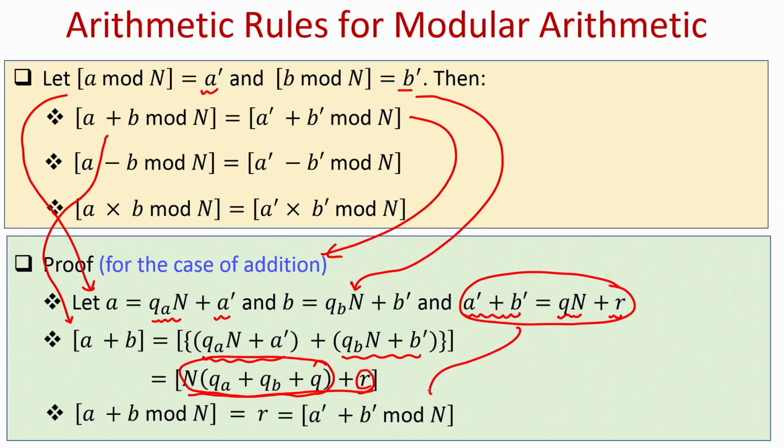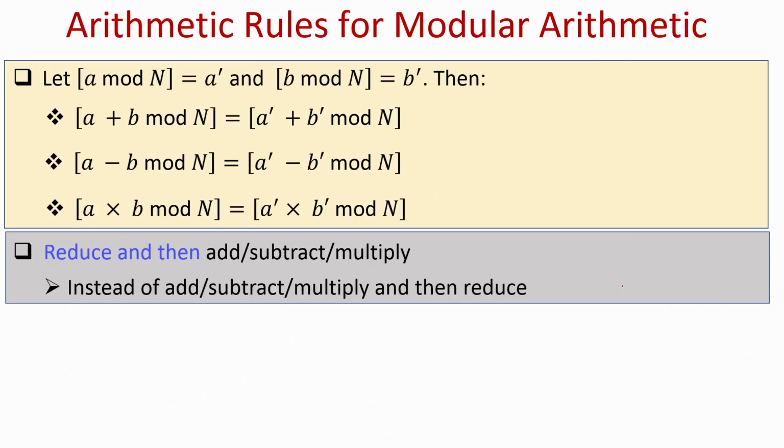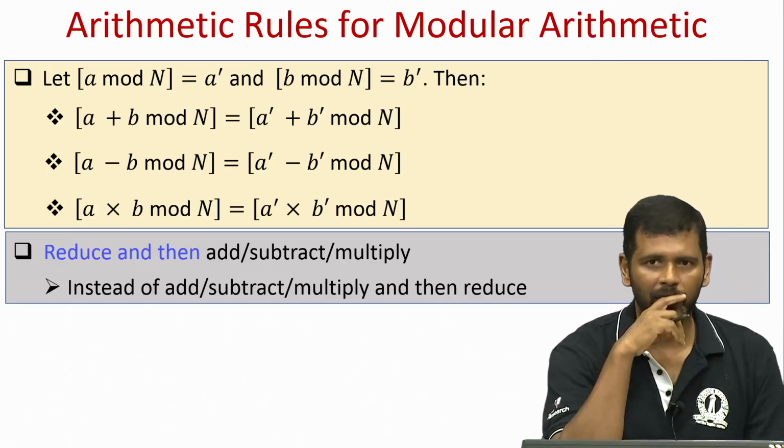the same value you will obtain by dividing a prime plus b prime by n, because if you divide a prime plus b prime by n, this term will cancel out, it will vanish and you will be left with the remainder r. So, what will be the interpretation of these arithmetic rules?